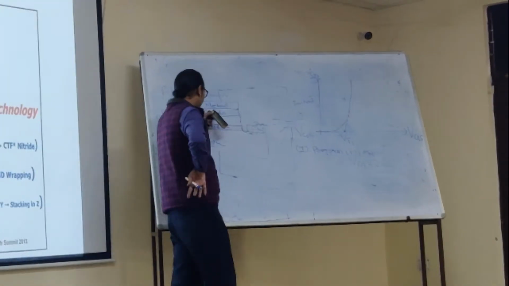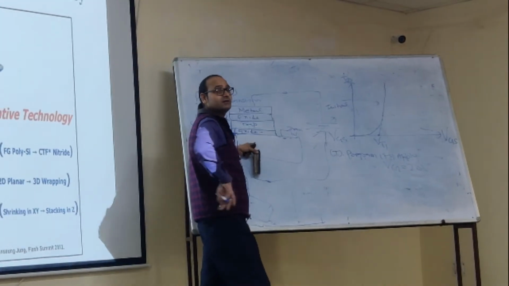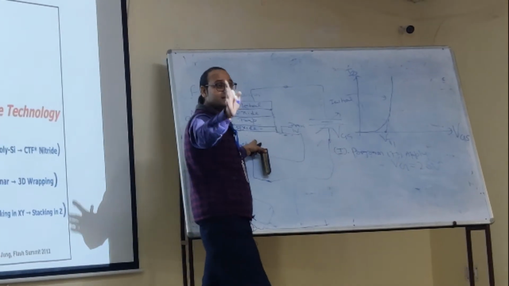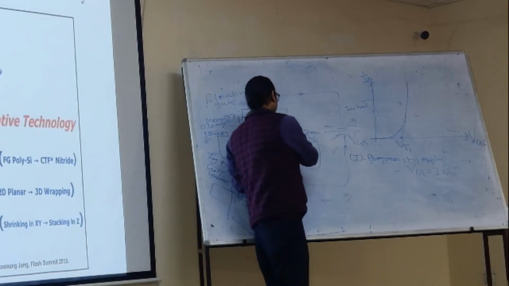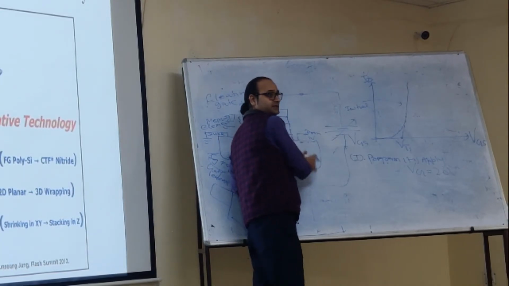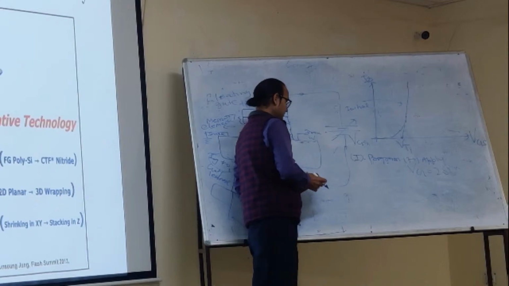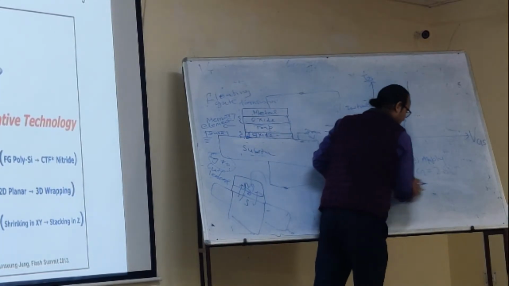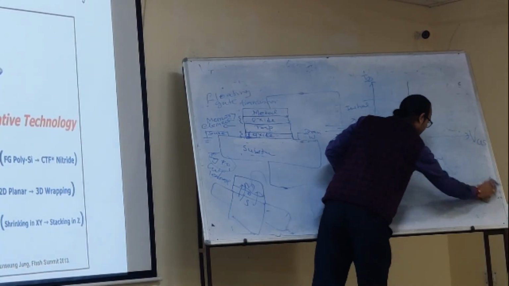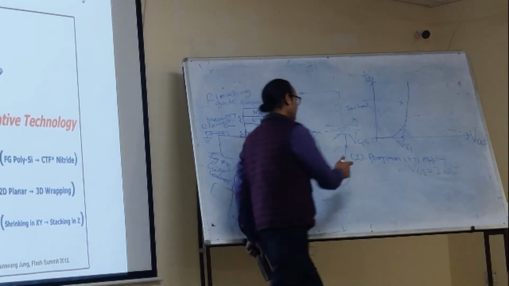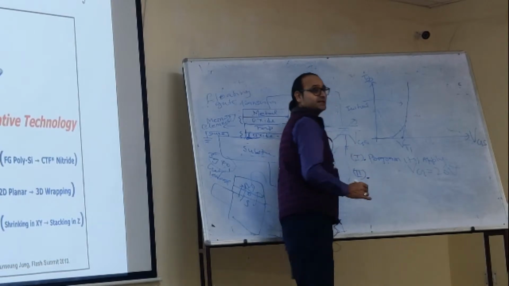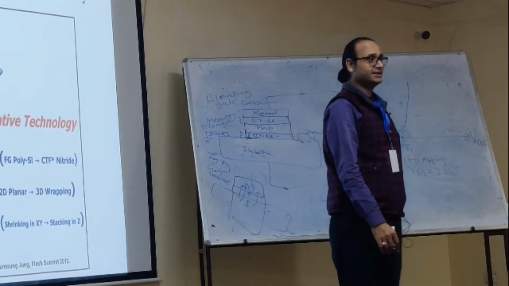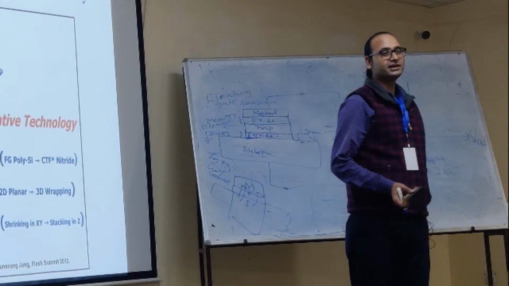You have to trap electrons here. What will be the mechanism? Obviously tunneling. Tunneling, you know? Which phenomenon is that? Electrons behave like particles as well as like waves. So it is a quantum mechanical phenomenon.